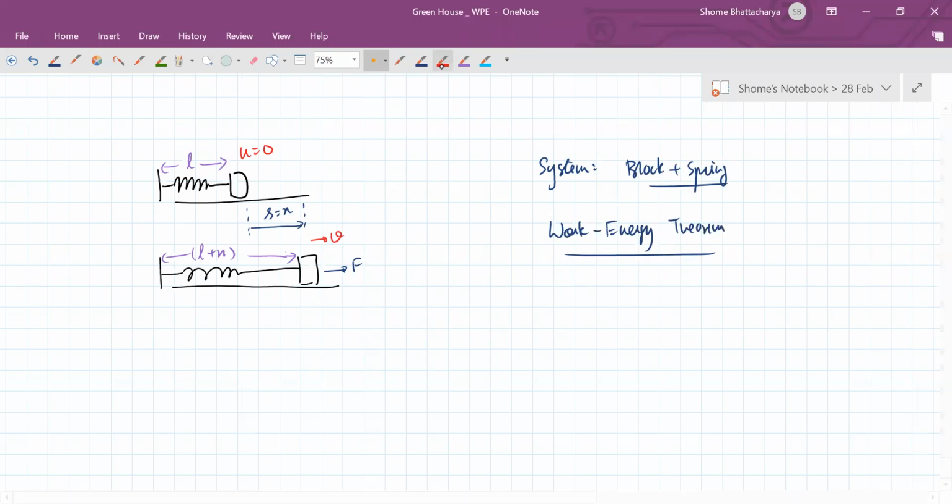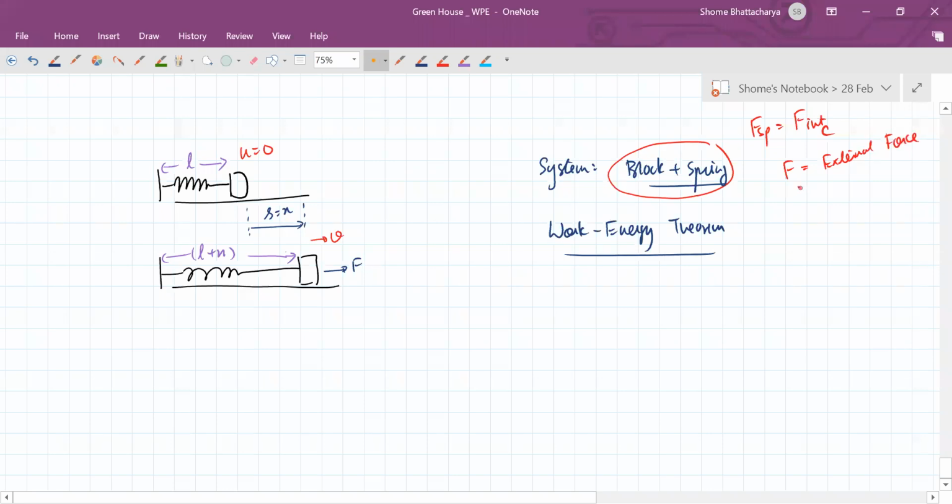When we take this as our system, the spring force becomes an internal conservative force. F is the external force, and kinetic friction becomes the non-conservative force.